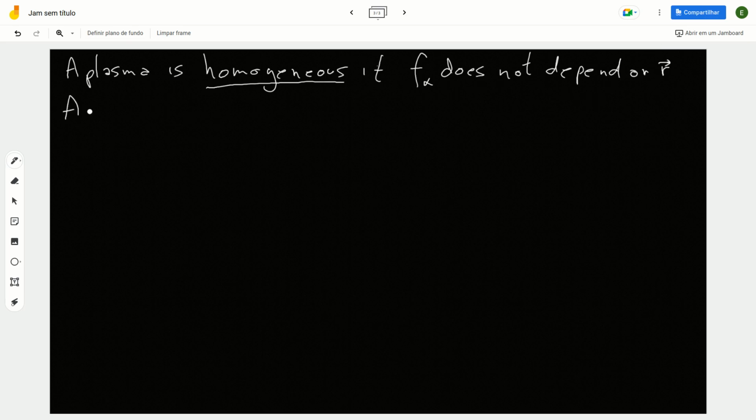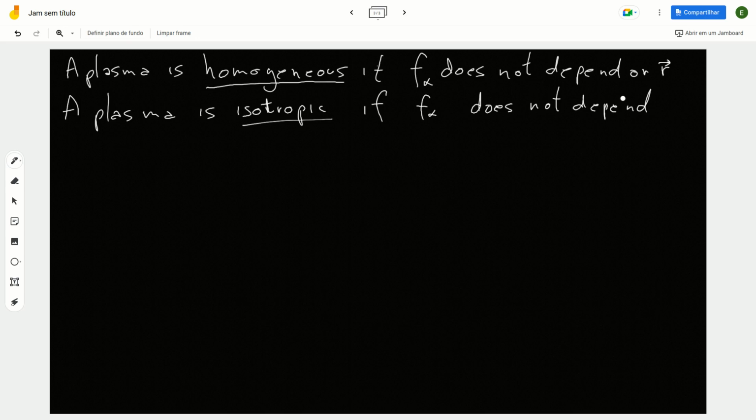We'll say that a plasma is isotropic if f does not depend on v, on the velocity direction.